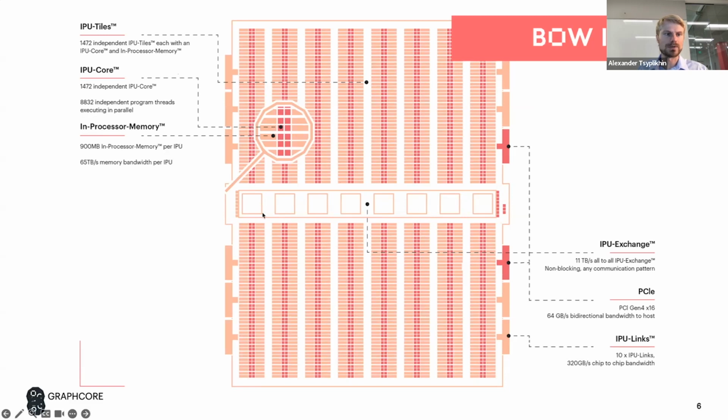And again, the numbers are here: 65 terabytes per second between the cores and the memory, 11 terabytes all-to-all connectivity between the cores, between the tiles, and IPU links and PCIe links to the host.